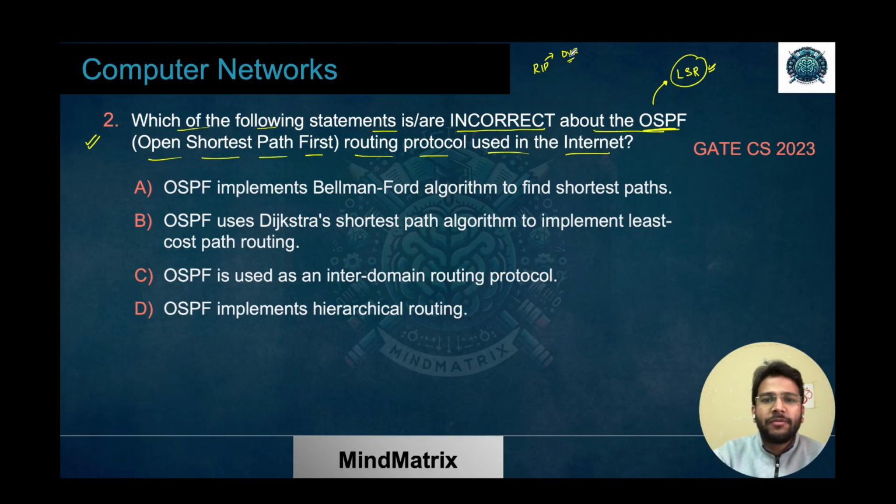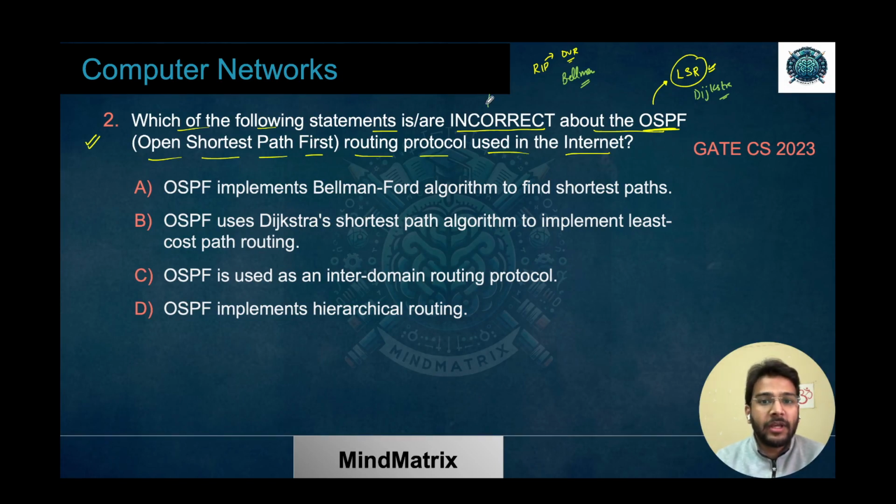In case of DVR, it uses Bellman-Ford, and in case of LSR, it uses Dijkstra shortest path algorithm. So we can clearly eliminate option A, as it says OSPF implements Bellman-Ford, that is incorrect.